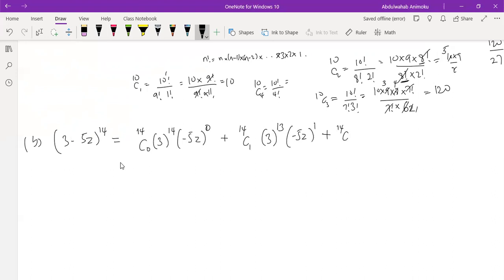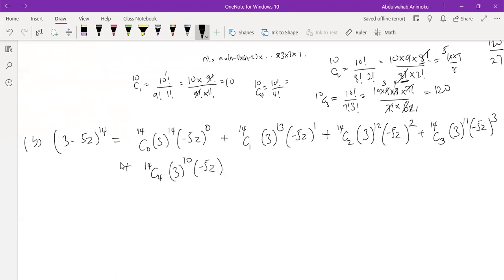The next one is 14 combination 2, 3 raised to the power 12, minus 5z squared. Then the next one is 14 combination 3, 3 raised to the power 11, minus 5z raised to the power 3. And then finally, 14 combination 4, 3 raised to the power 10, minus 5z raised to the power 4.